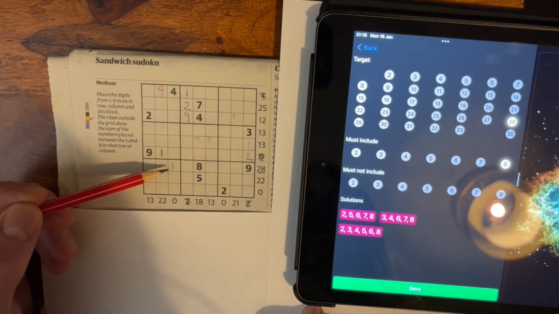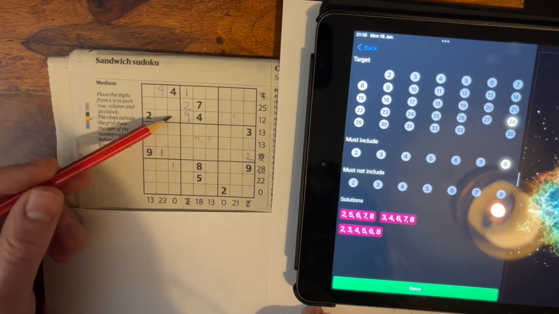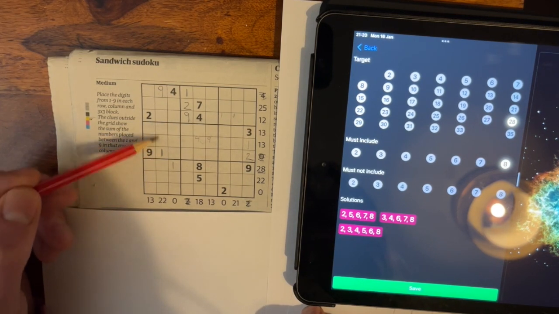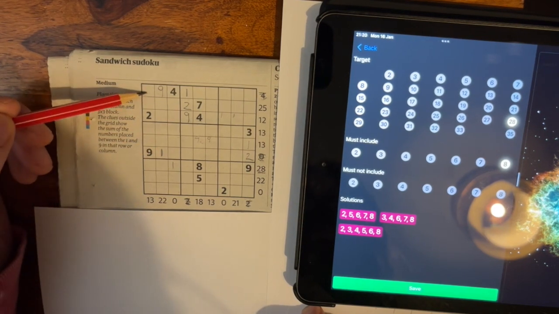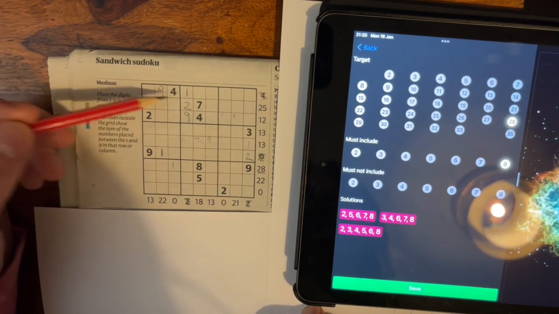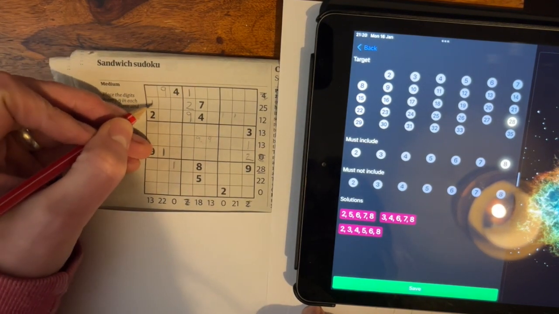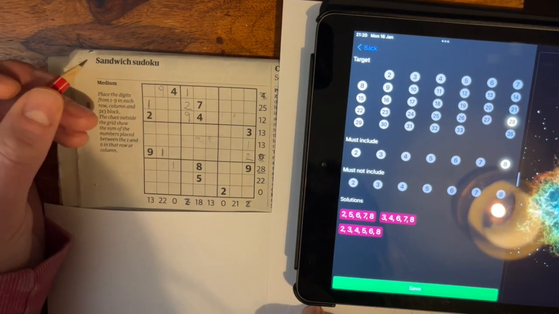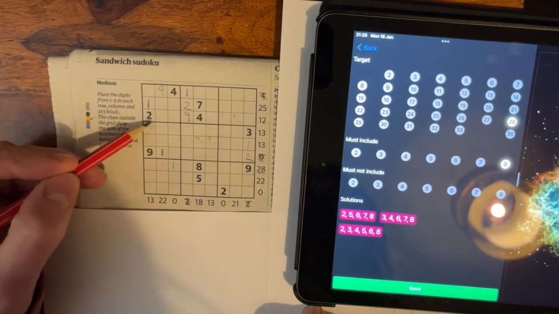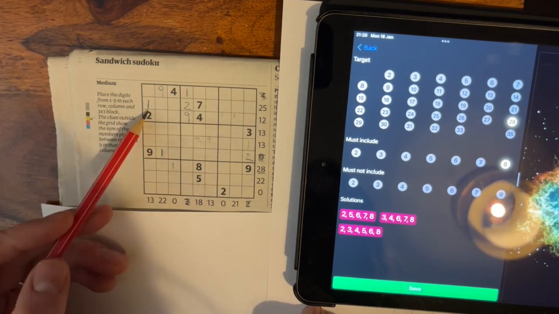So I'm looking here, I've got a 1 in this segment, a 1 in this segment, so now I need a 1 here, and it can't be there, so that 1 has to be there. So I have all of the 1s going across there.